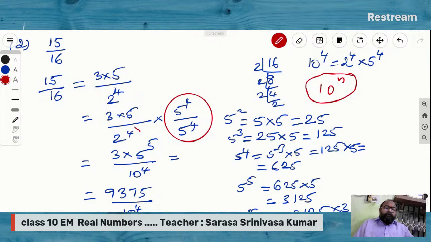Because we have 2 power 4 in the denominator, so 2 power 4 must be multiplied by 5 power 4 to get 10 power 4 in the denominator.